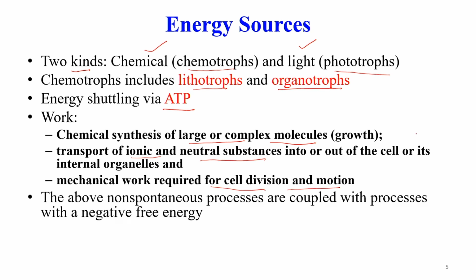All these works are energy intensive, so they are non-spontaneous. To make them spontaneous, these processes are coupled with hydrolysis of ATP, where energy is released to make the non-spontaneous process spontaneous, making the value of delta G negative.